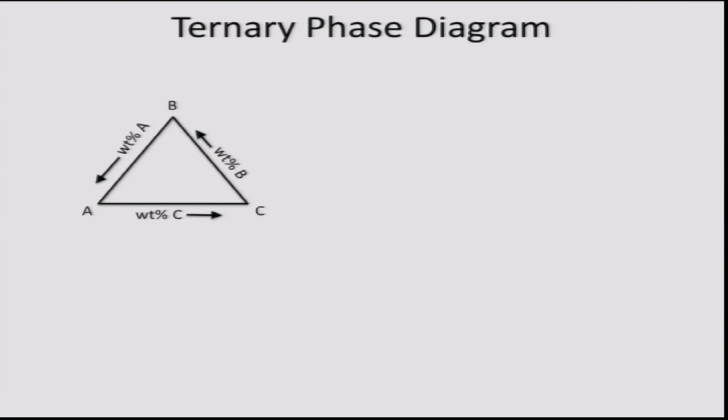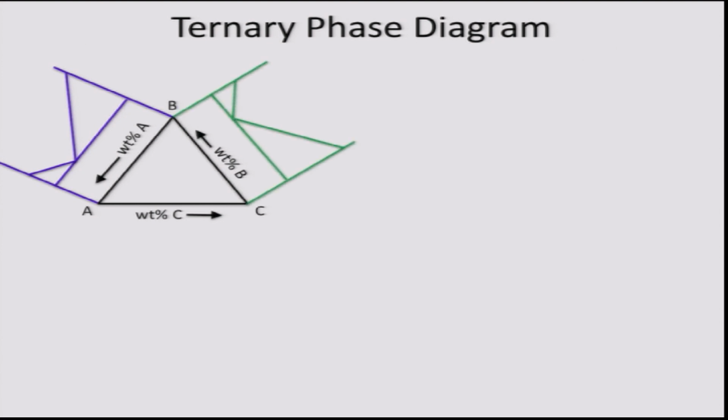So let us assume that all 3 of the binaries are simple eutectic systems, and I have shown these simple eutectics on the sides. So this is the eutectic system AB, this one is eutectic system BC, and this is the eutectic system AC.